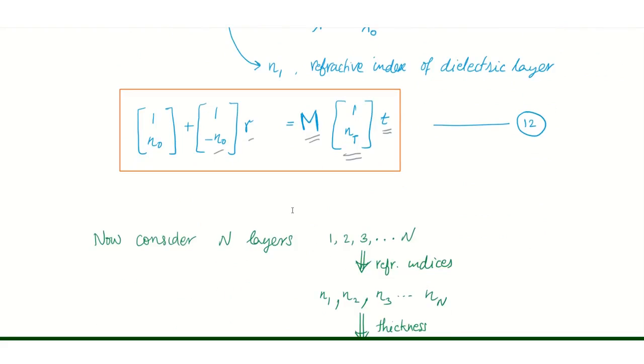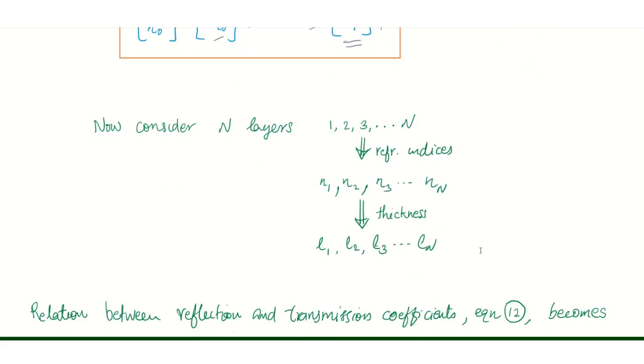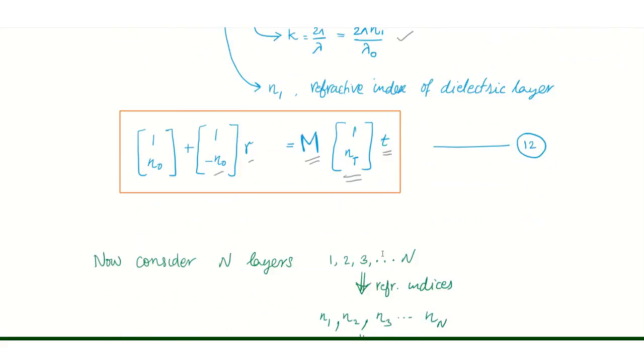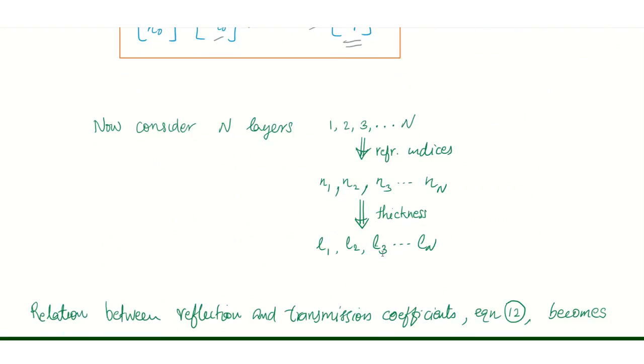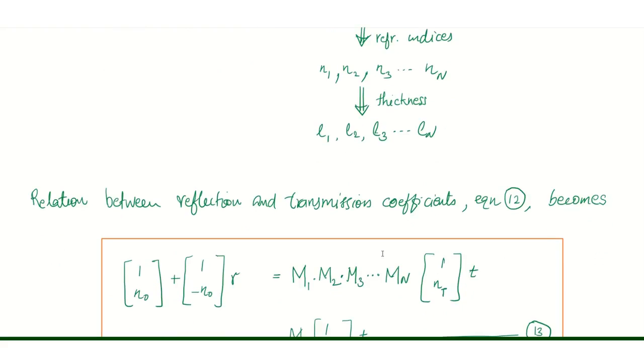Suppose you have n layers, we know what to do, of refractive index n1, n2, n3, etc., nn, and thickness l1, l2, l3, etc., ln. Here the refractive index comes through K, and L. Now if you have n of these layers, we have to simply multiply the transfer matrices.